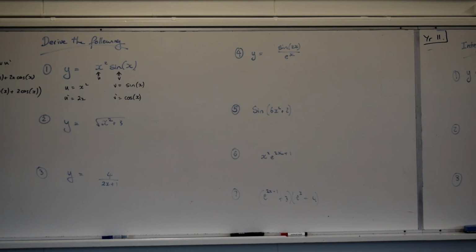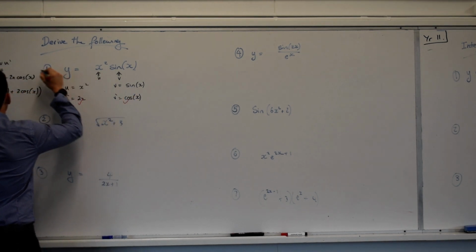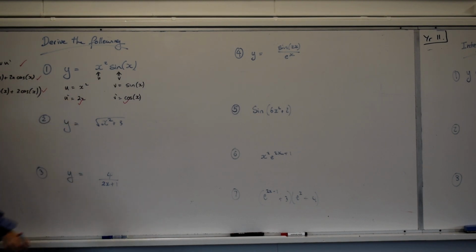If you did not, I could show you how we'd mark something like this. You get a tick for that, a tick for that, a tick for that, a tick for that, and a tick for that. 2.5 mark question. So did you put them together? Probably. You did it wrong. UV dash is x squared plus x. Oh yeah, thank you.